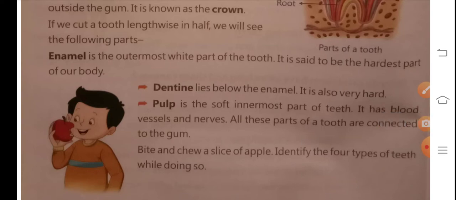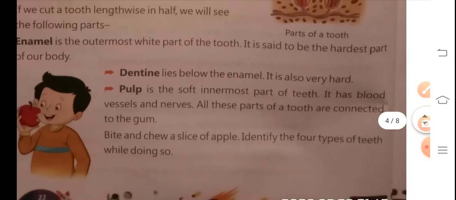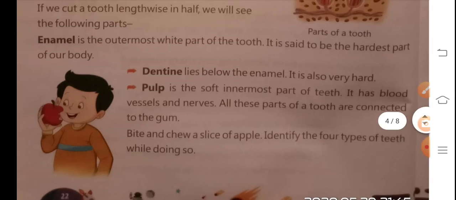Next, dentine. Dentine lies below the enamel. It is also very hard. Below the enamel is called dentine.